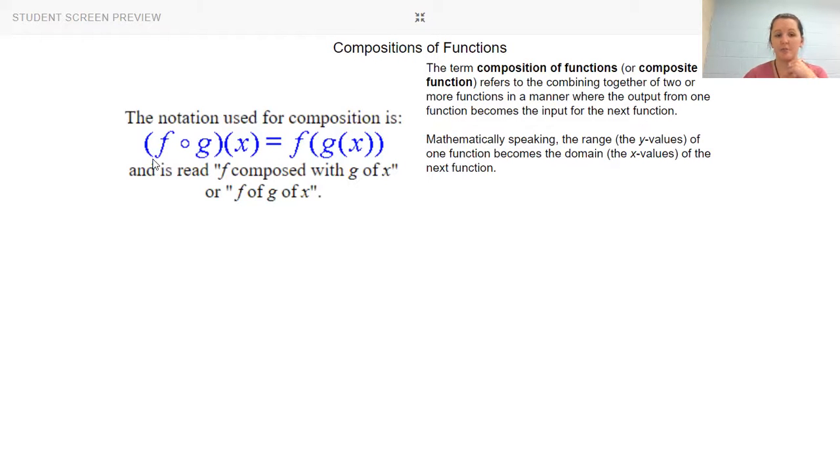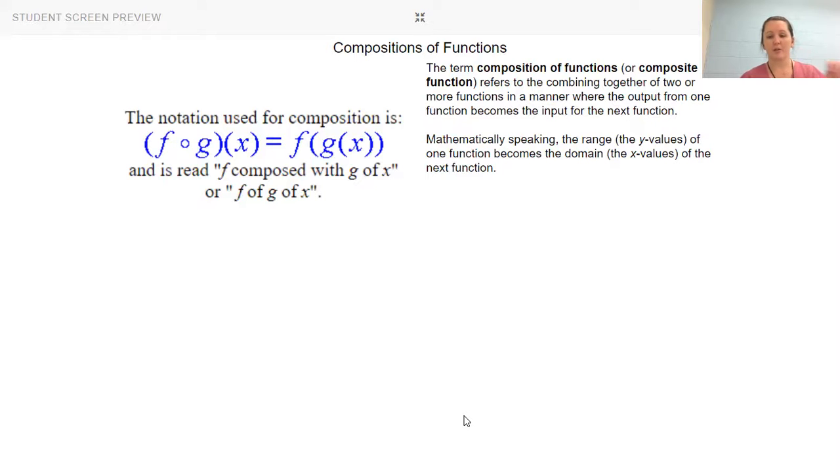The notation used for compositions is that f composed with g of x or f of g of x. Notice that they mean the same thing, just written two different ways. Then it talks about the range here. Mathematically speaking, the range, the y values of one function, becomes the domain, the x values of the next function. So keep that in mind with the inverses that we're going to be talking about soon.